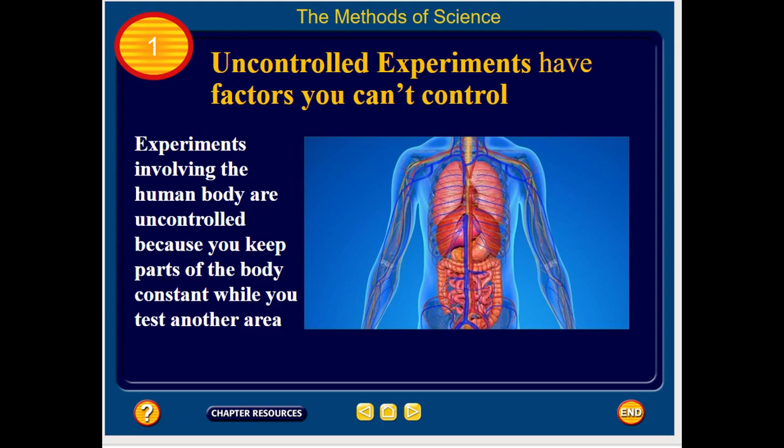You cannot tell every person in your experiment to eat exactly the same thing at exactly the same time, chew each piece of food the same way, the same number of times, to swallow the same way, to go to the bathroom in the same moment of every day. You cannot control every aspect of every person's body. So if you had an experiment involving the human body, it would be uncontrolled.